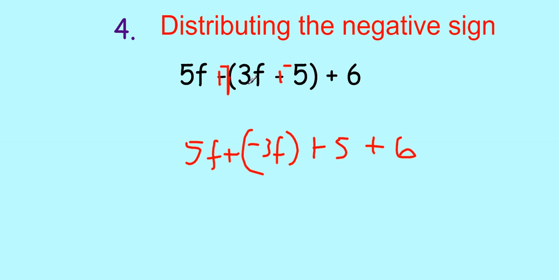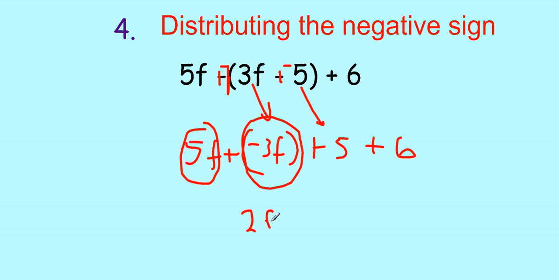So I distributed my negative, and I got the opposite of both the numbers inside the parentheses. Combine your like terms, so circle and circle here. 5f and negative 3f make 2f. And 5 and 6, cross those out. 5 and 6 make 11. Okay? If you're not quite sure what I'm doing here with the negative sign, we're going to make sure that you understand it tomorrow. That's going to be something that we really concentrate on tomorrow.